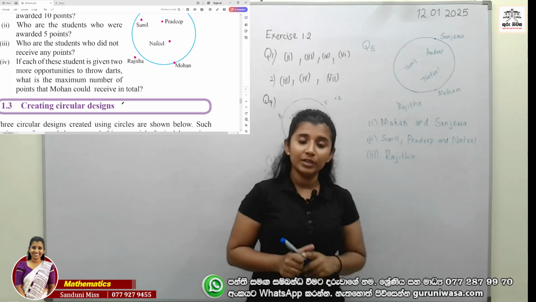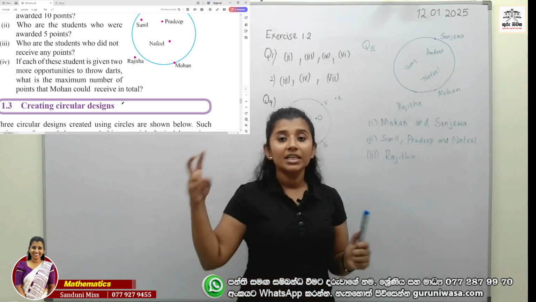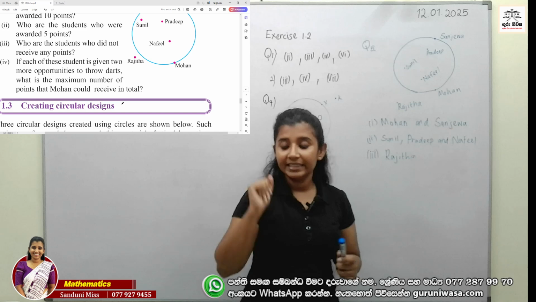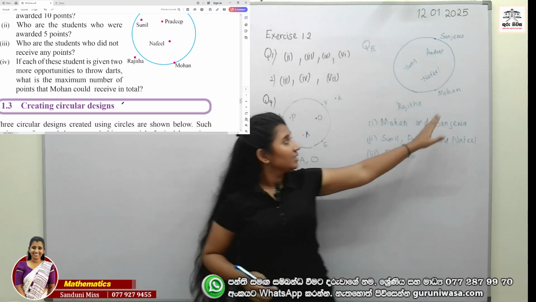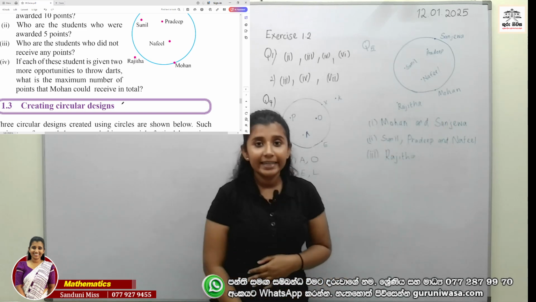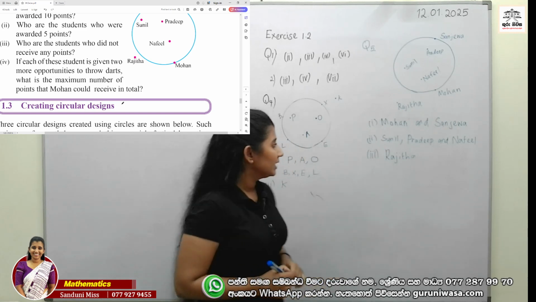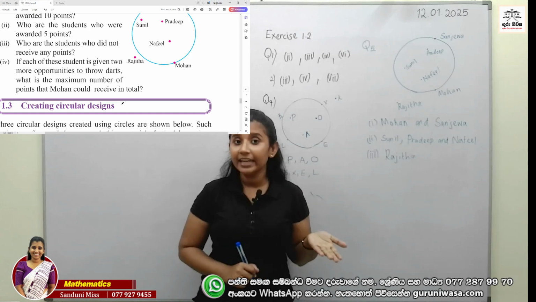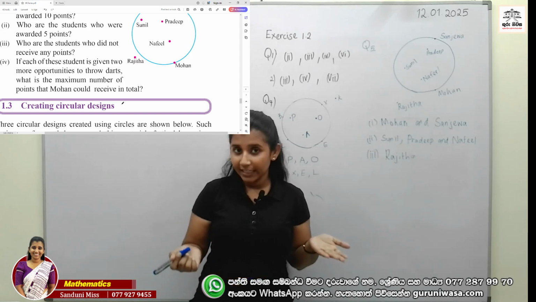Now they have already had one opportunity, and the other 2 more opportunities. Altogether, they have 3 chances, right? Now Mohan has already scored 10 points. If he gets the chance again, and also he will get the chance again, right?